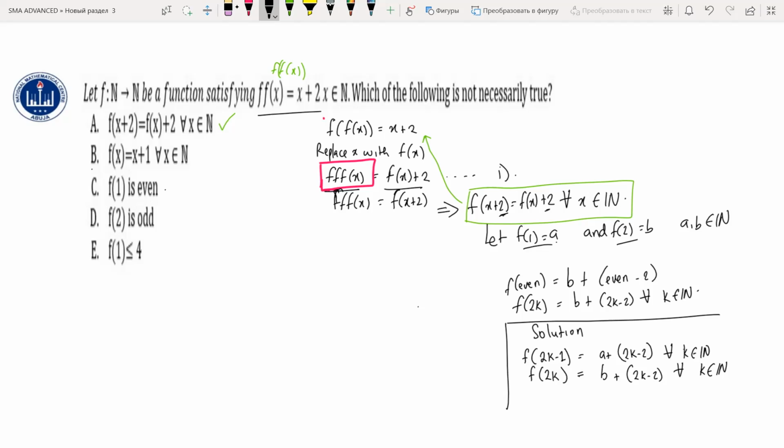The reason why I didn't want to test the second property is because it's not a very wide property. It's just like saying that this is the only function. All the other properties in this question are more general than this second property.